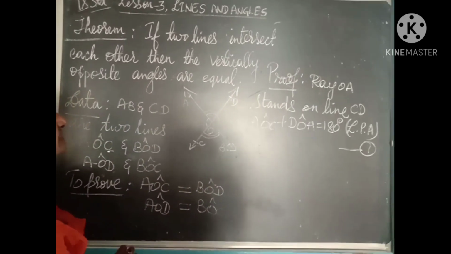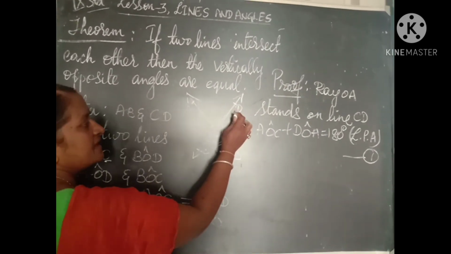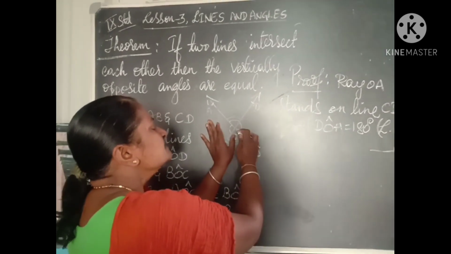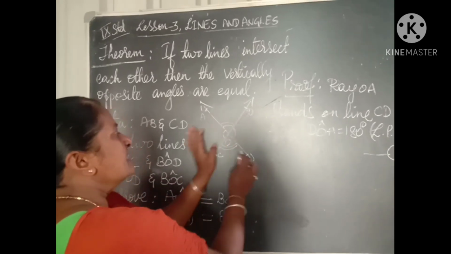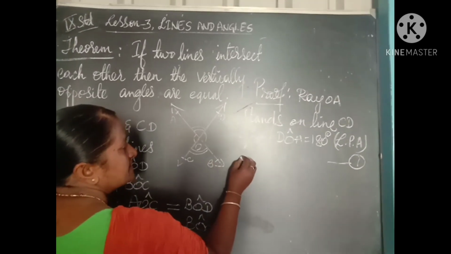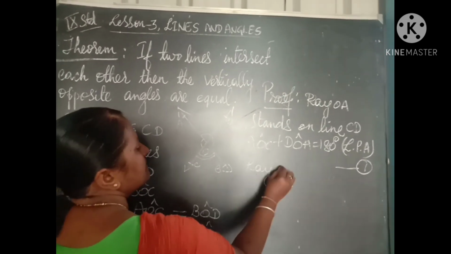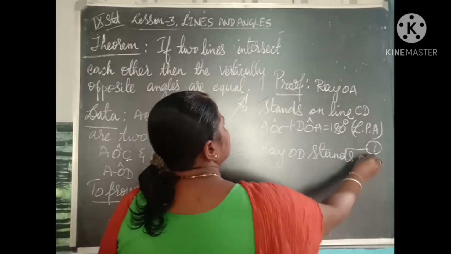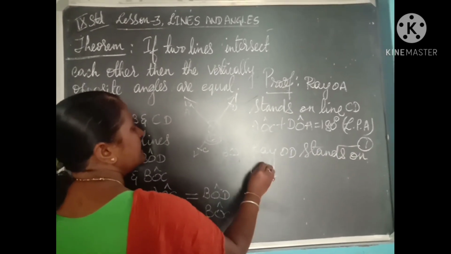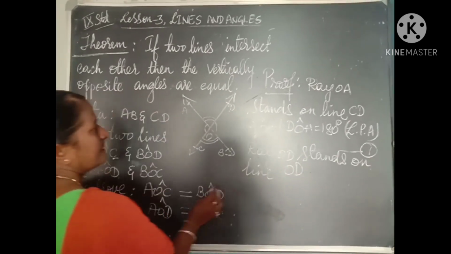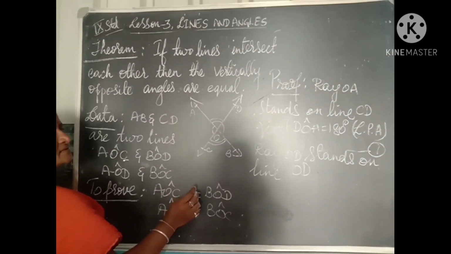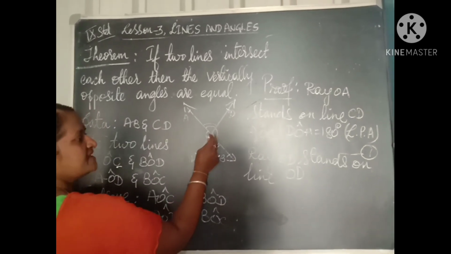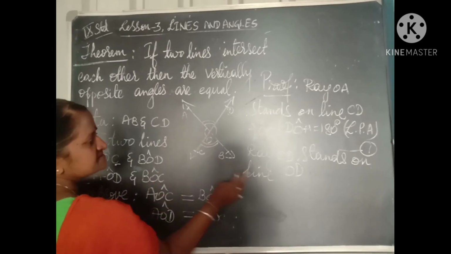Then next, you can see another ray. Just observe here, another ray OD stands on line AB.